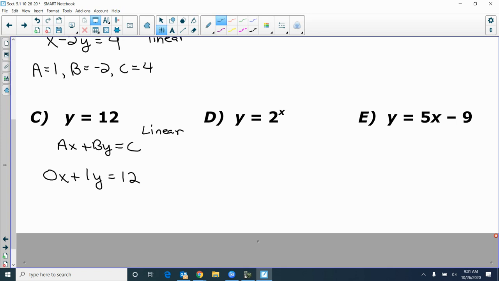So that's okay. My A is 0, my B is 1, and my C is 12.